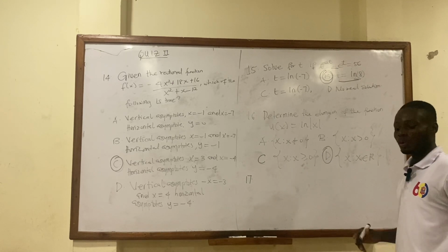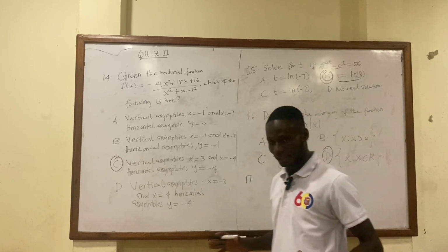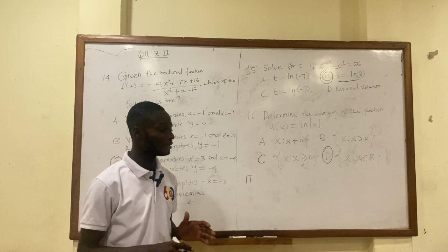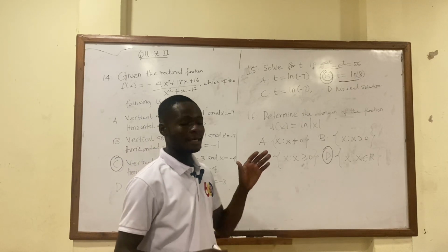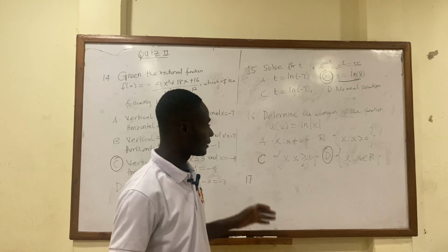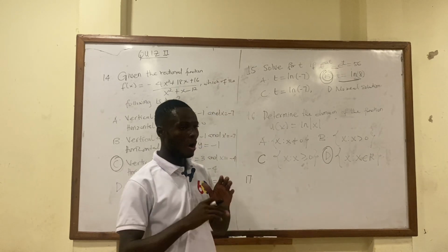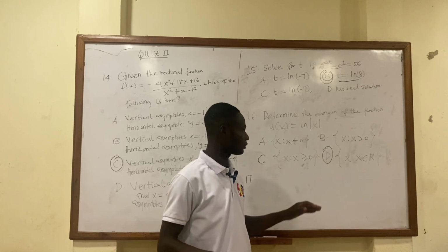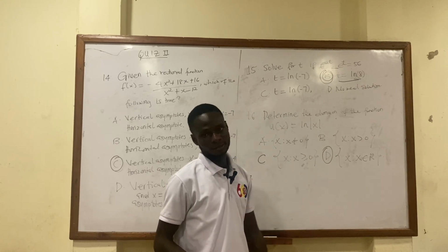The domain will work for all real numbers. x belongs to all real numbers. There's no exception. Since it's ln absolute x, it belongs to all real numbers. No exception. All real numbers. So option D is correct.